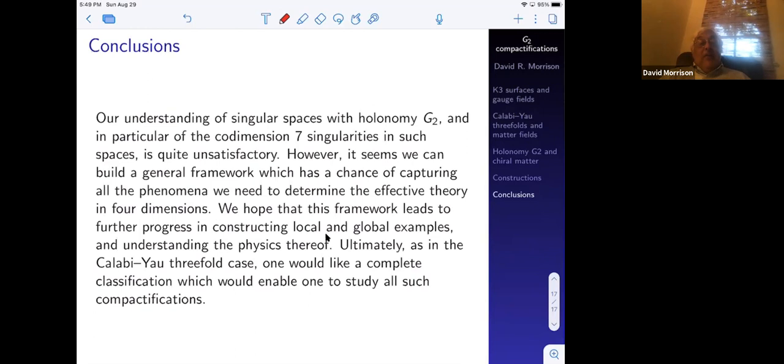Ultimately, as in the Calabi-Yau threefold case, one would like a complete classification, both of the singularities that could occur and of the global ways of building holonomy G2 spaces, which would enable one to study all such compactifications. And I will end my talk there and take questions.